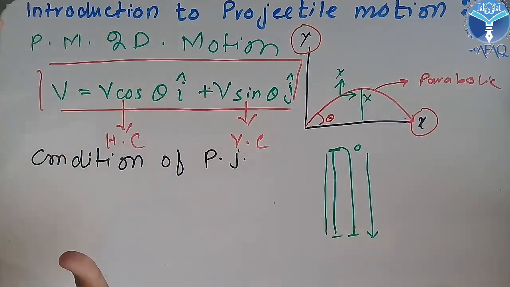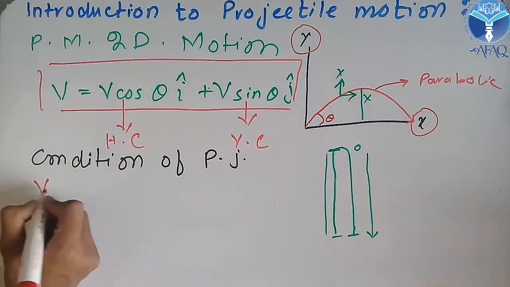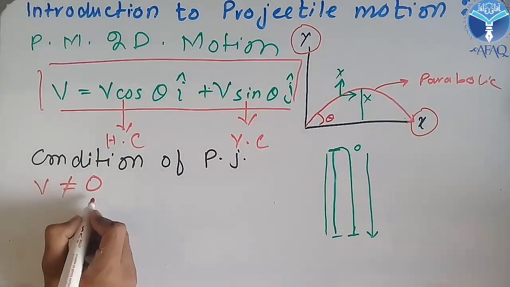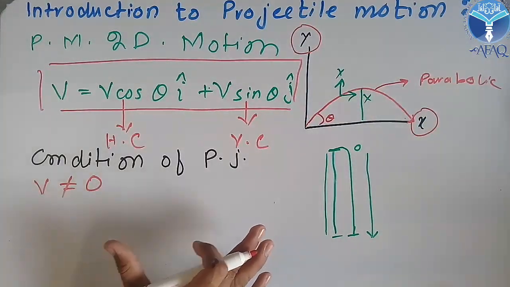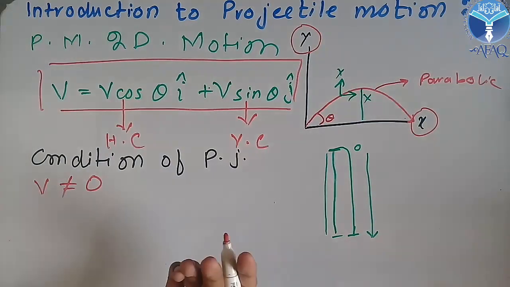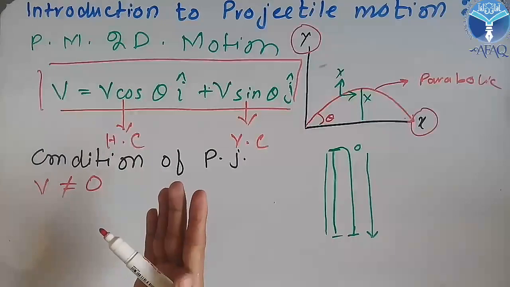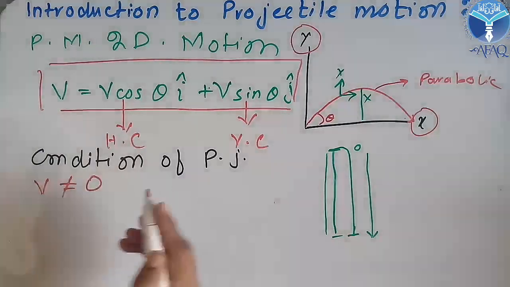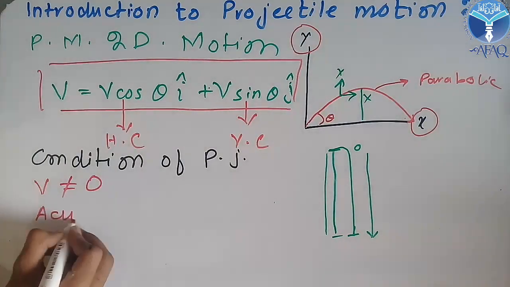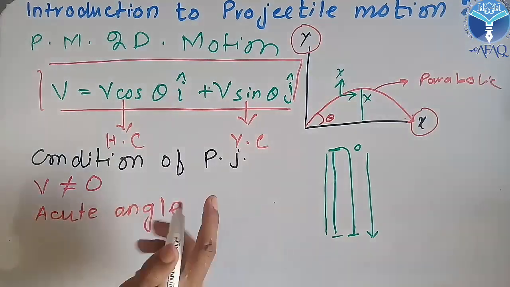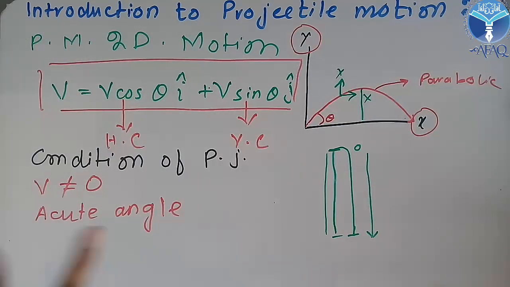If you want projectile motion, we should give a velocity that is greater than 0, then we will get our projectile. Similarly, it is always two-dimensional motion, so if you want two-dimensional motion, we have to throw the projectile at some acute angle. So these are the two important conditions for projectile motion.